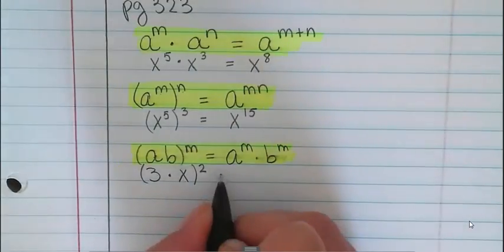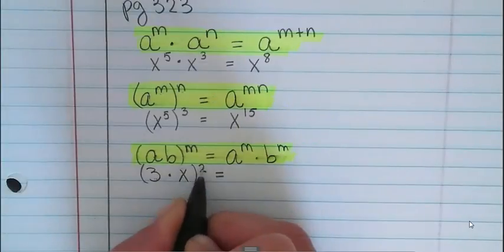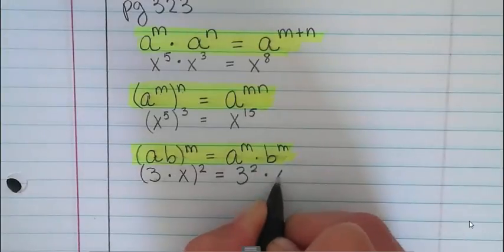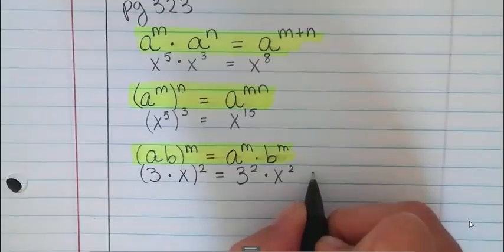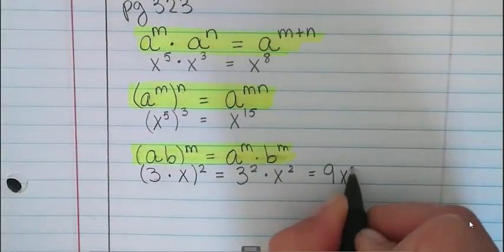Well, this basically means that each factor of this base is going to be raised to the 2nd power. So I'm going to have 3 squared times x squared. Or in other words, I'm going to have 9x squared.